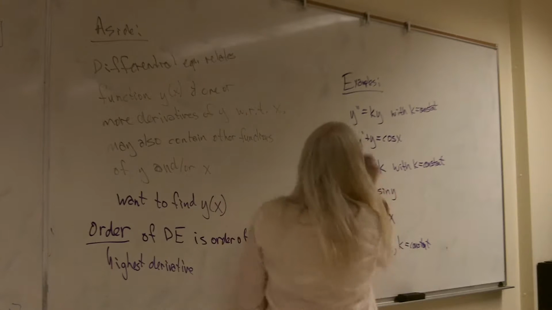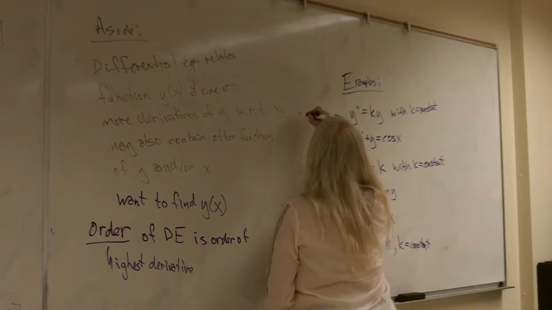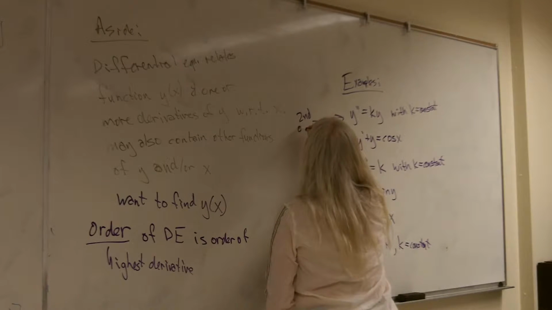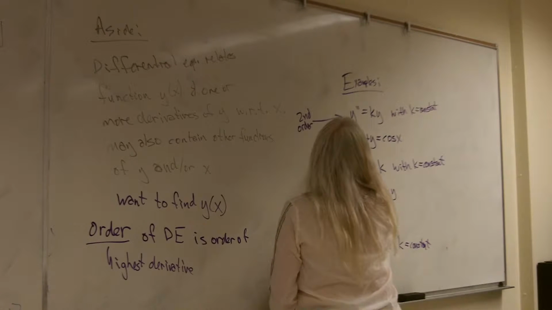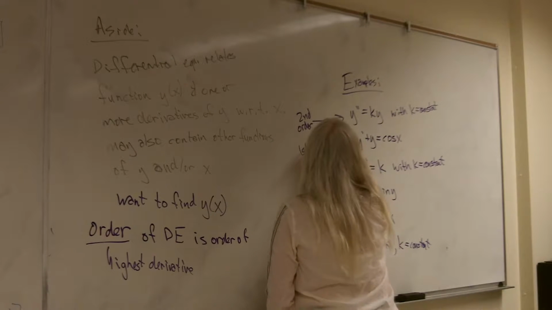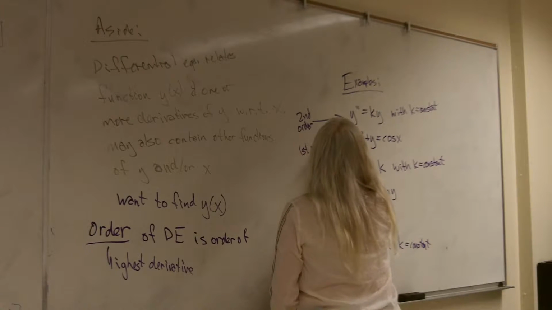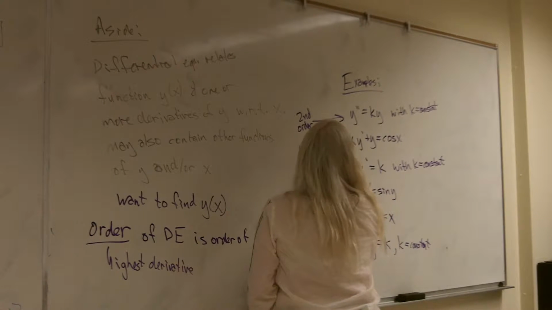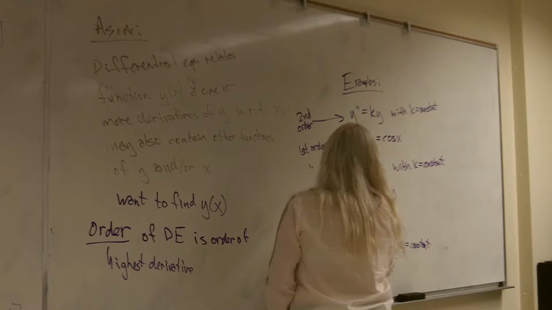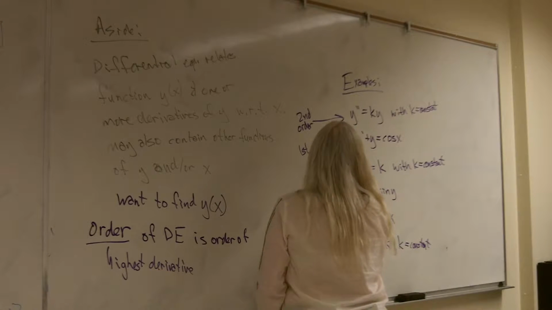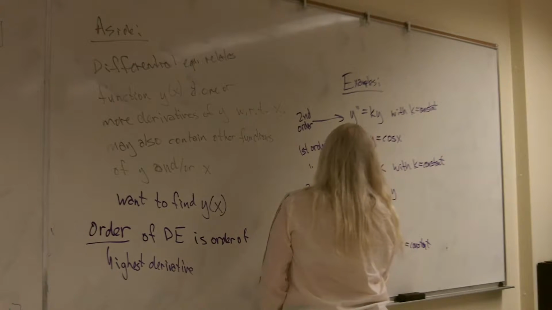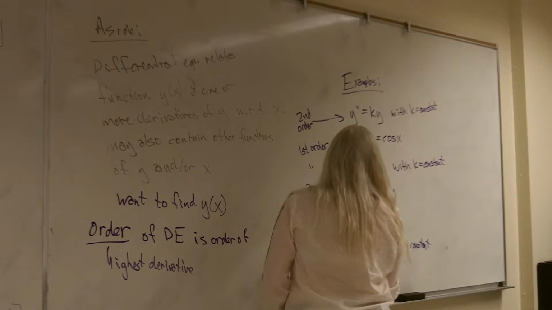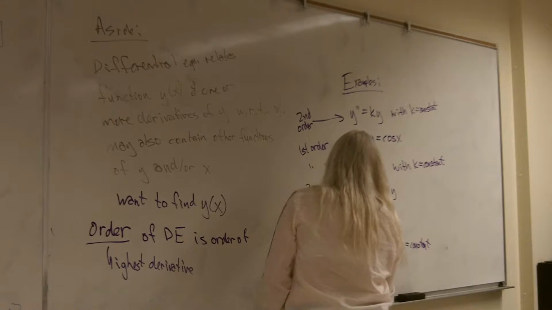So this, for example, would be second order, because there's a second derivative in it. This one would be first order, because there's only a first derivative, y with respect to x. This one is also first order. This one is second order. This one is first order. And this one is first order.